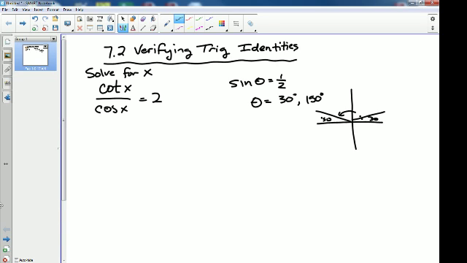Yeah, that one has theta and this one has x. Right. Okay, what can I do with this to simplify it? Yeah, so we got cosine over sine. And I can put that as a fraction if I want to, right?